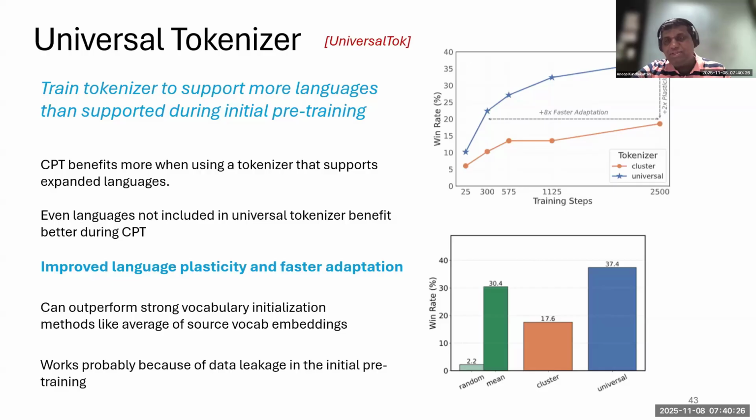This is probably because even though the new languages were not explicitly included in the pre-training, maybe some amount of data for these new tokens were seen during the pre-training. So there is some amount of initial pre-training that happens, and it's a good starting point because those embeddings are already kind of aligned to the other embeddings and the non-embedding parameters.